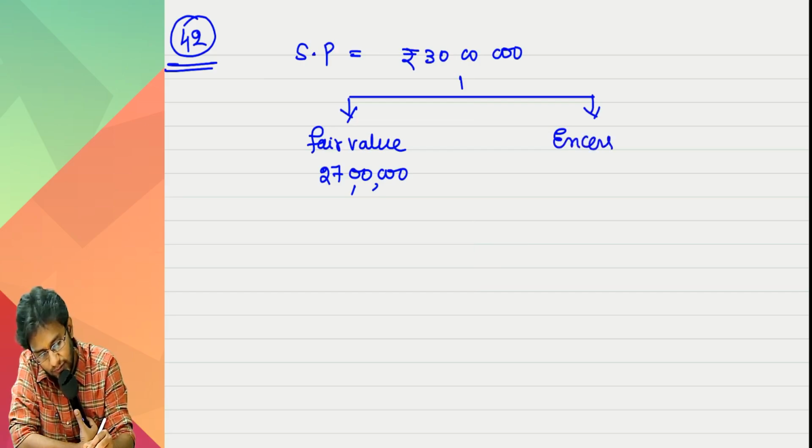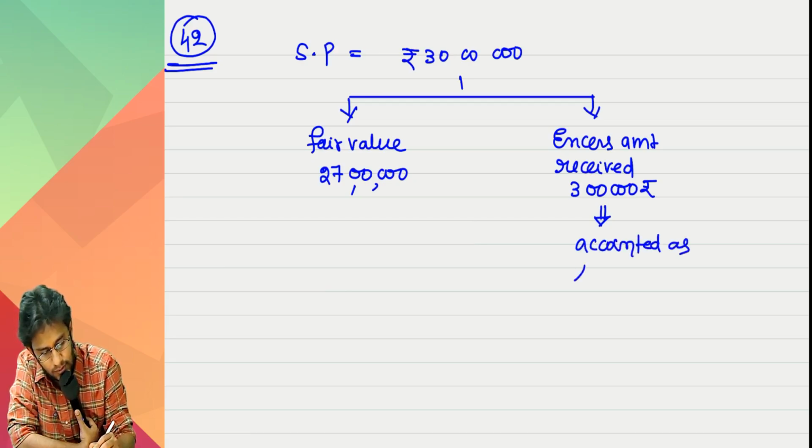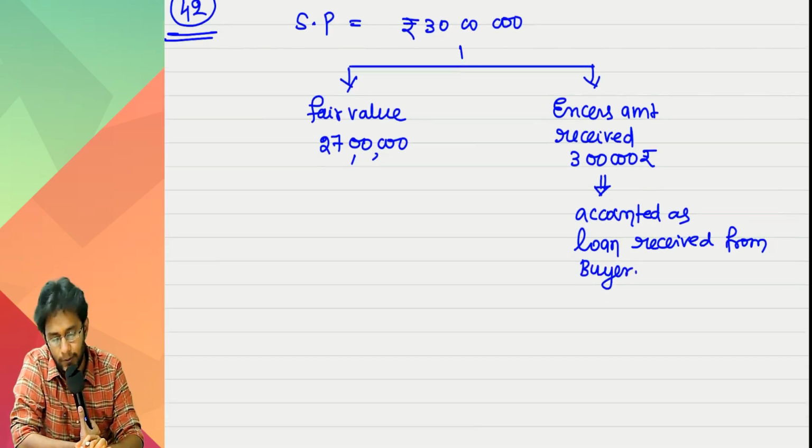The excess amount received, 3 lakh rupees, is accounted as loan received, a separate financing transaction. This is the selling price story.